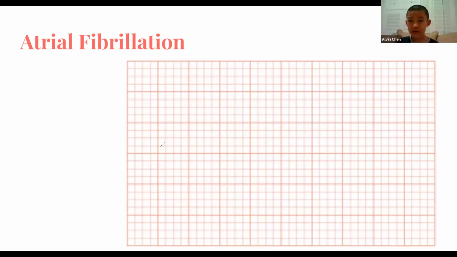What does fibrillation even mean? Yeah, fibrillation is basically a really rapid, irregular heartbeat. So it's going to look really strange, like a bunch of random stuff happening. Yeah, someone said tiny little bumps, exactly. So what it actually looks like here, exactly, tiny little bumps.